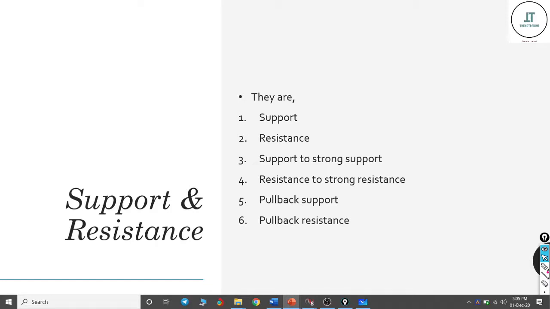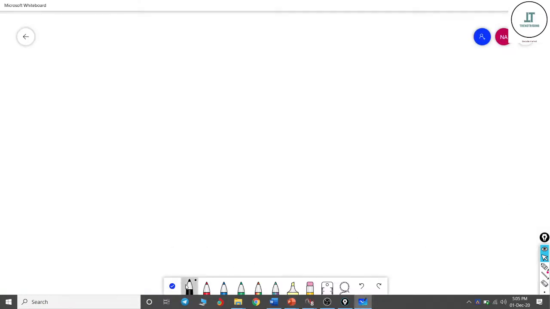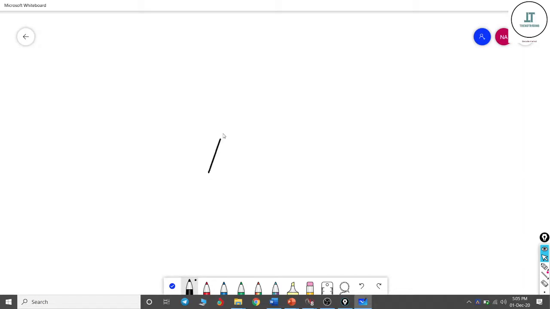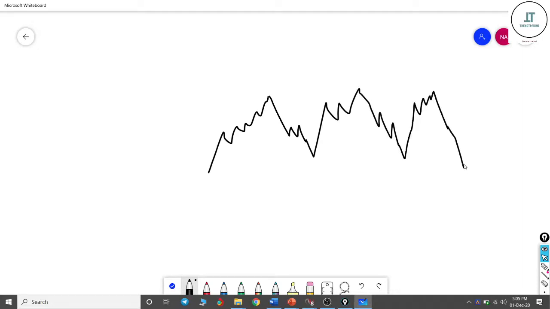First I will show you what generally is meant by a support on any stock. Let's assume the stock price is moving up and reversing back down, this activity happening continuously, but look at this: at the same price level the price is stopping and reversing back.